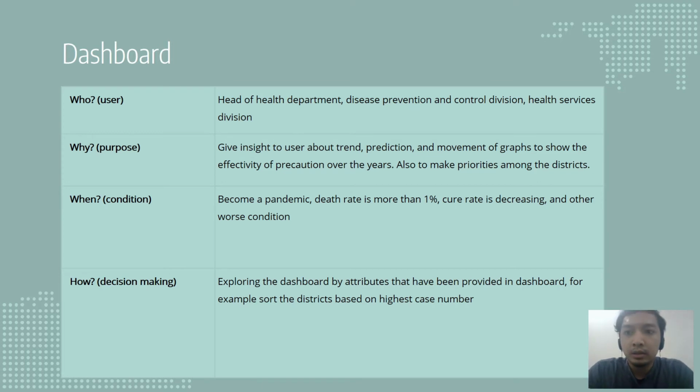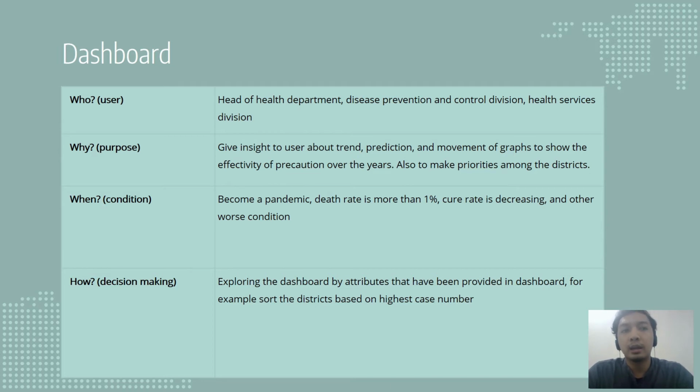So talking about the dashboard, who is going to use the dashboard, or we could say the user. As I said before, this dashboard was made for the government, and the government is the stakeholder of this dashboard.